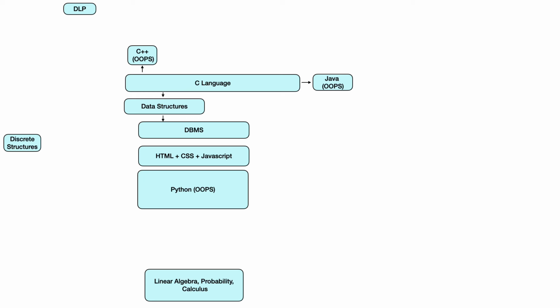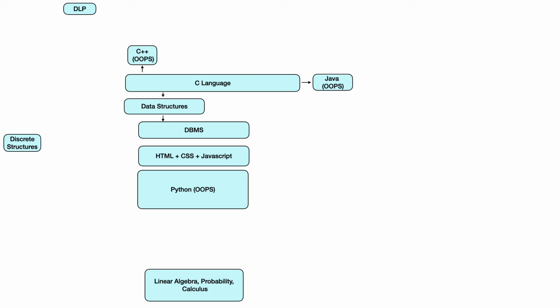In DBMS, we study various data models like relational, hierarchical, and network models, with more focus on the relational model. And we have database design using entity relationship diagrams. We study SQL, which is structured query language. We also study the ACID properties: atomicity, consistency, isolation, and durability.